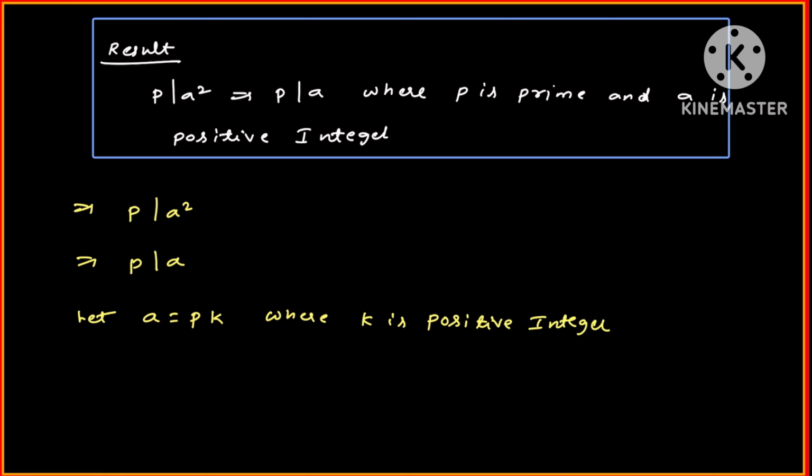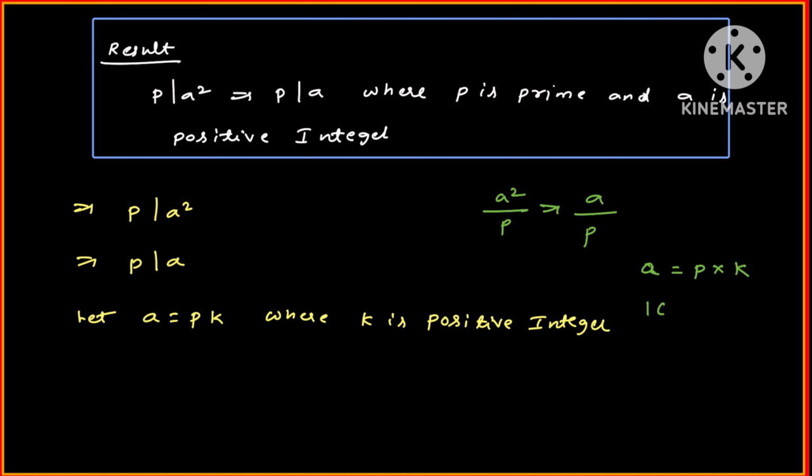Because a square is divisible by p, that implies a is divisible by p. We know that every integer we can express as a product of primes. A is a positive integer, so if a is divisible by p, I can express a as some prime into a positive integer.